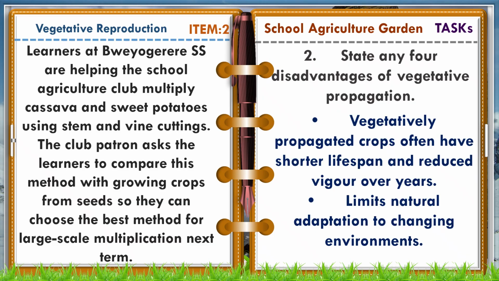Vegetative propagated crops often have shorter lifespan and reduced vigor over years. Limits natural adaptations to changing environments.